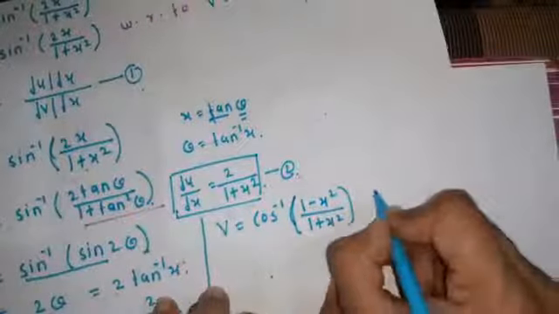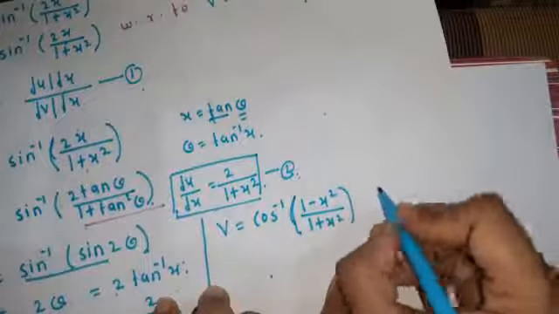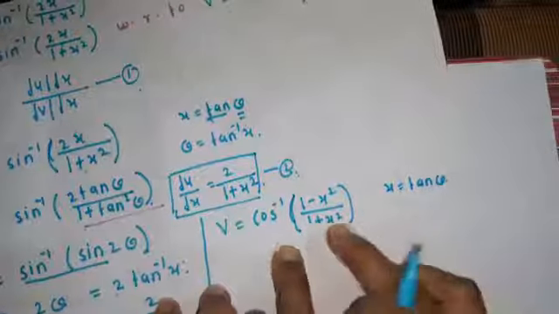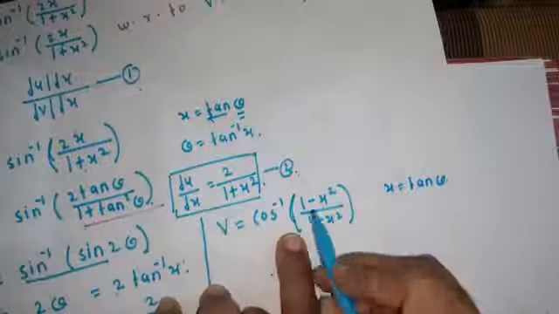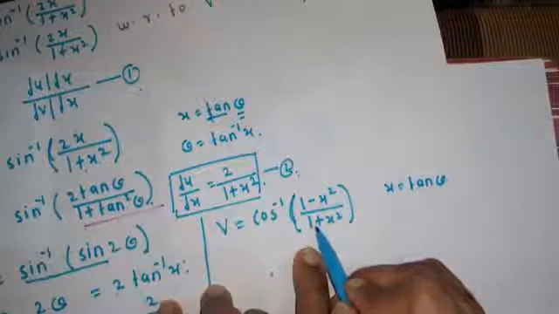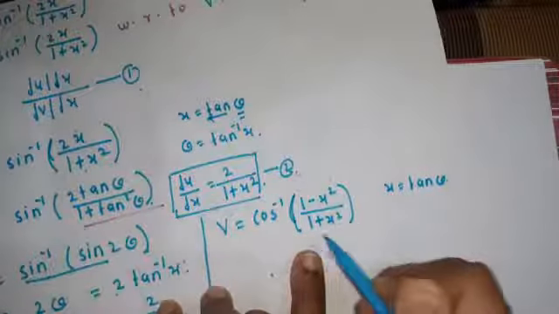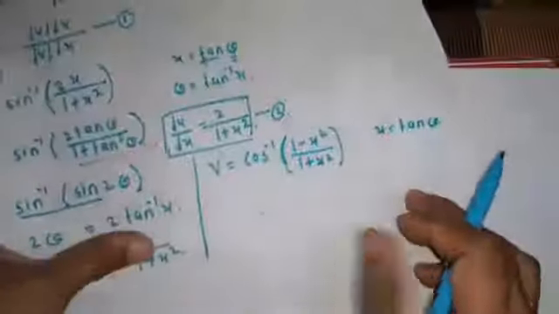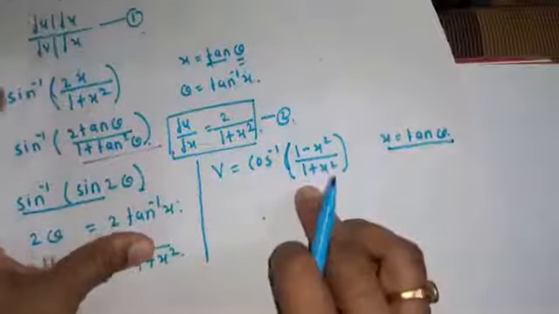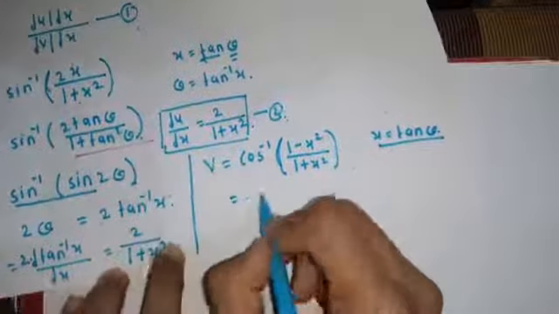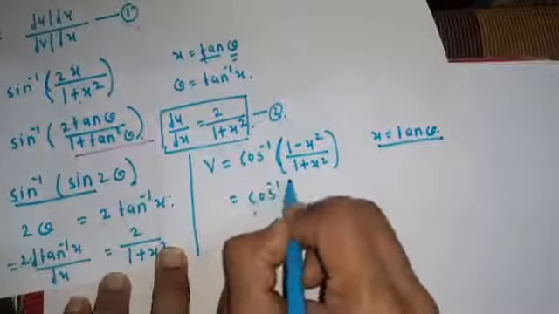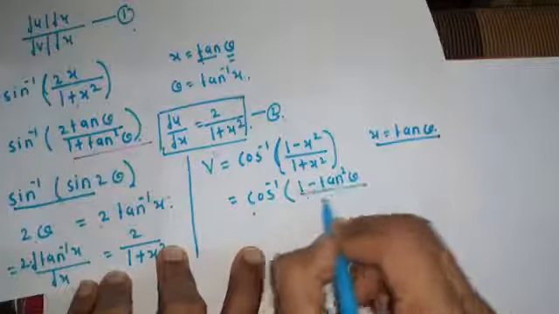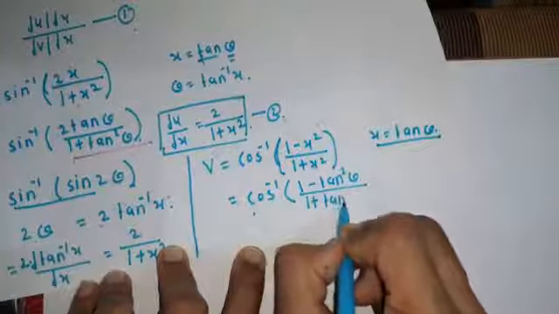If we put x equal to tan theta, the function becomes cos inverse of 1 minus tan square theta upon 1 plus tan square theta, and this is the formula for cos of 2 theta, you know that.